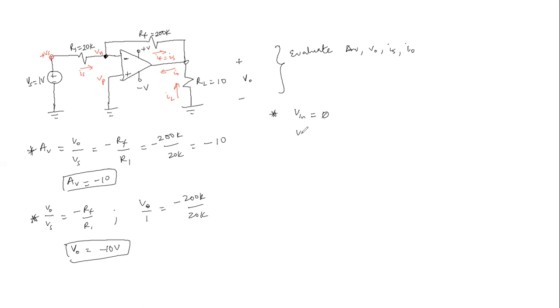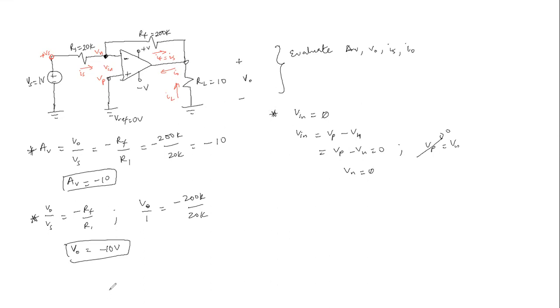And the differential input voltage is V sub P minus V sub N. Since V sub P is 0, because the reference voltage here is equal to 0 volt, and this terminal is the same as 0, then V sub P minus V sub N is equal to 0, so V sub P is equal to V sub N. Since V sub P is 0, V sub N is equal to 0 as well.